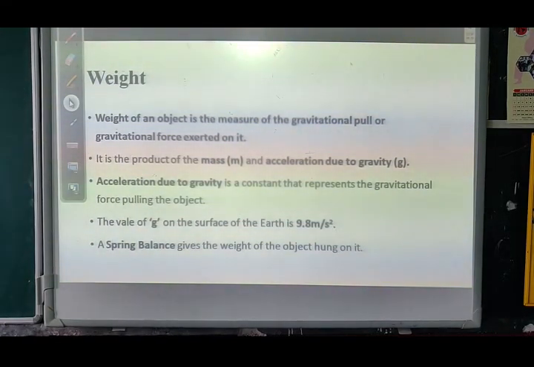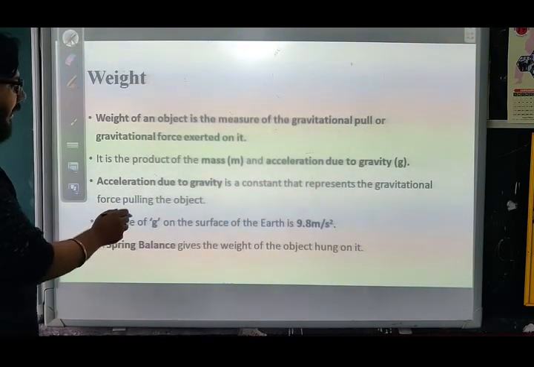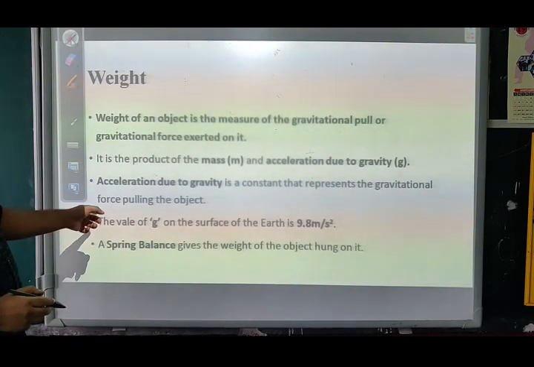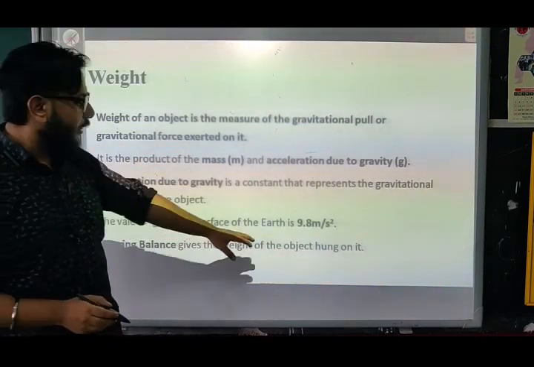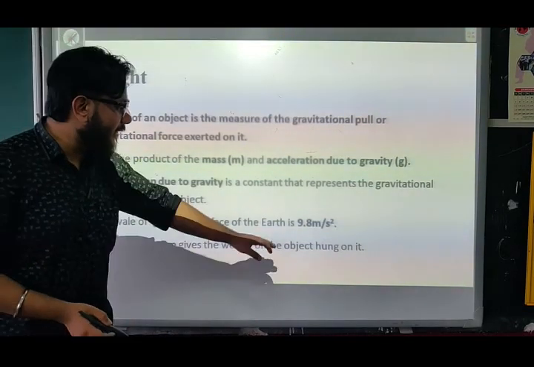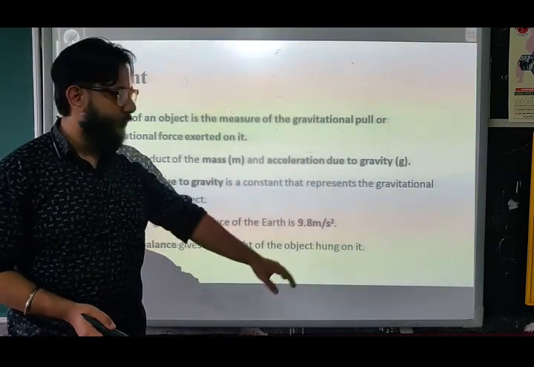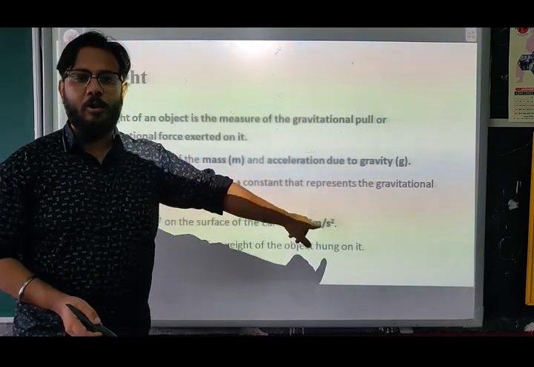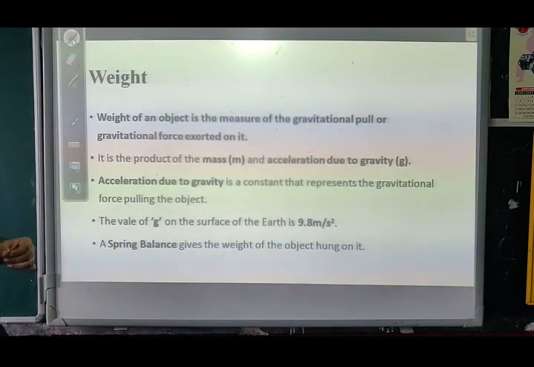Now acceleration due to gravity is written as g. It's a constant value, it doesn't change, and the value that we use for calculation here on earth is 9.8 meter per second square. That is the value of the constant, acceleration due to gravity or small g.